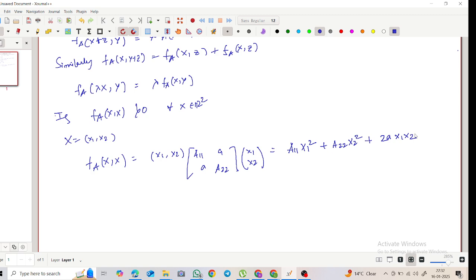So how can we prove this? There is nothing much in it, just a little bit of manipulation.